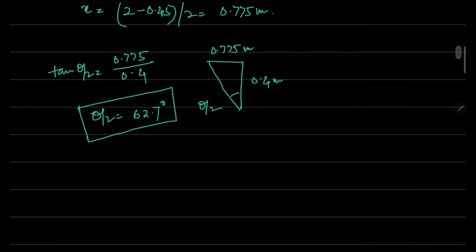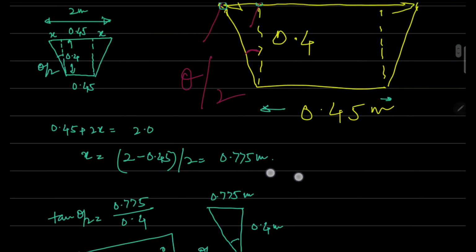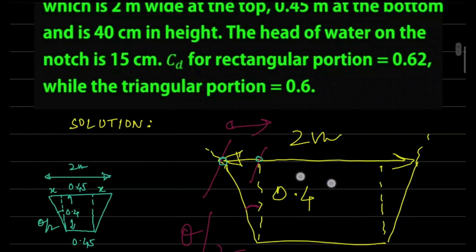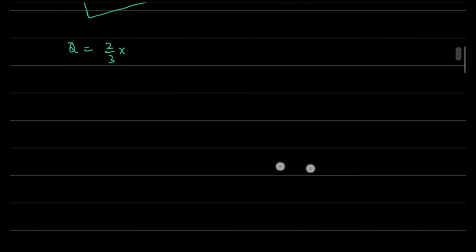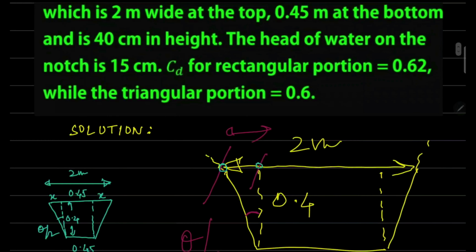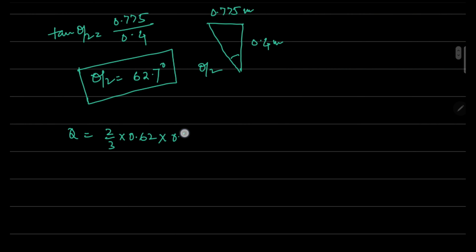Then we will find out the discharge through the trapezoidal notch. So that value is Q equal to 2 by 3 CD1. CD1 is for the rectangular portion, so the CD for the rectangular portion is 0.62, multiplied by L. This portion L is 0.45, multiplied by under root 2g.